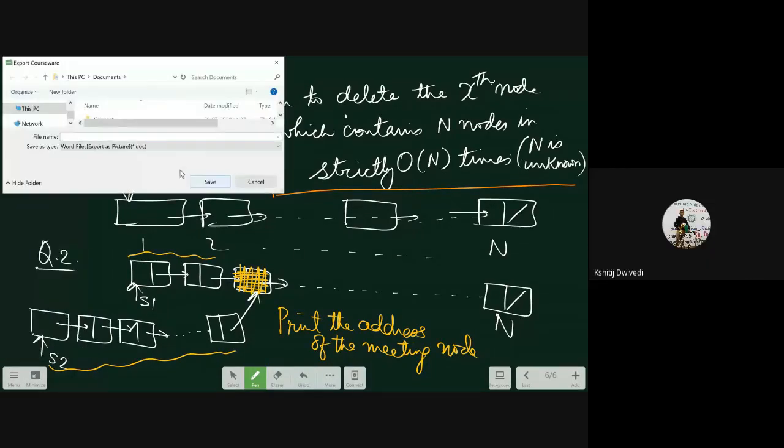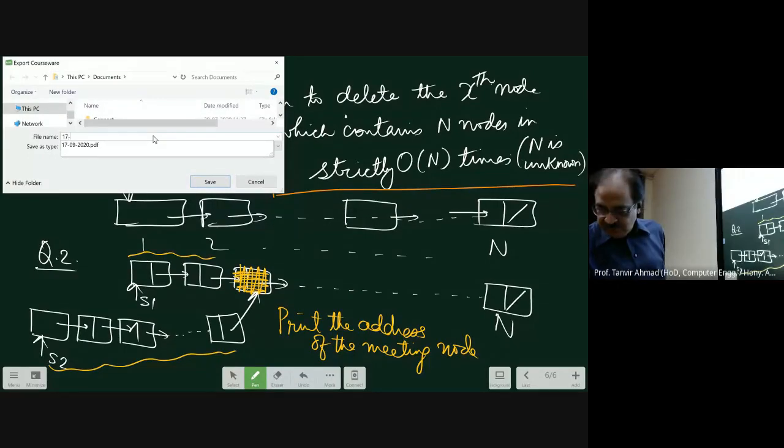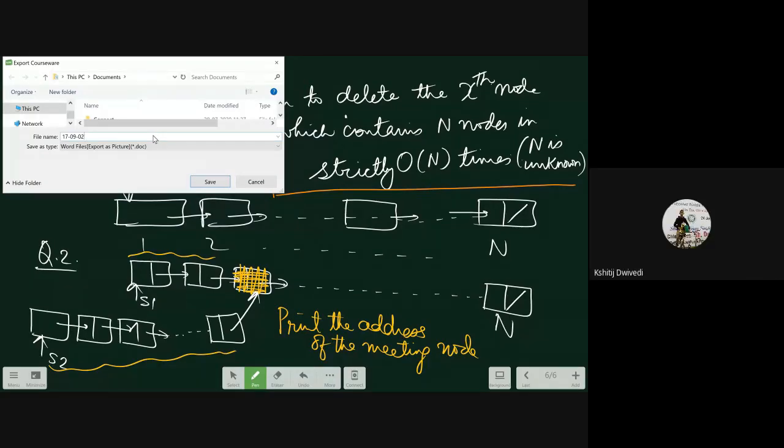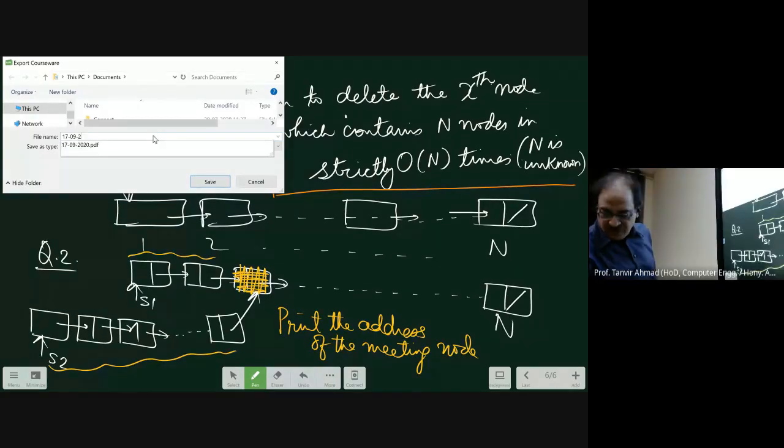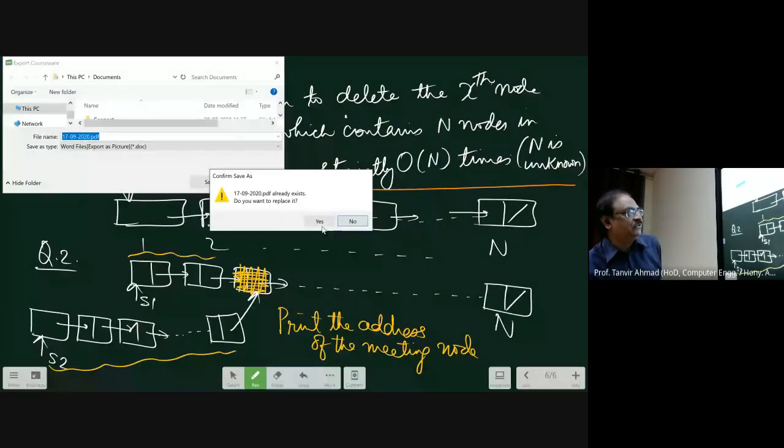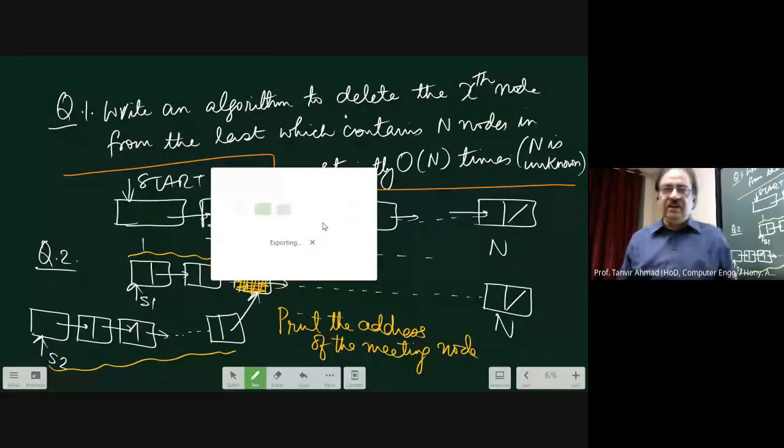Sir, is there a condition of complexity on the second question? Obviously, any question we want to solve should always be at the minimum complexity. No, I cannot say order of n, but okay, it can be order of n also. But these solutions already exist, and optimum solutions are there. Whenever I say so, it means that I want an optimum solution.